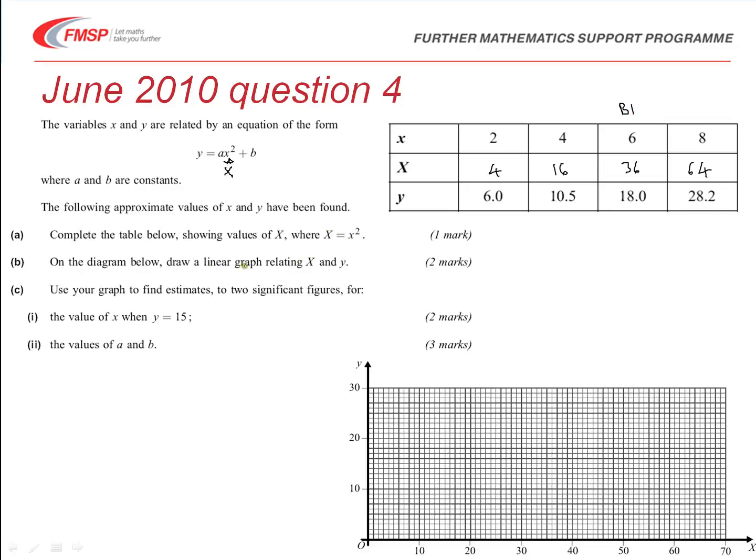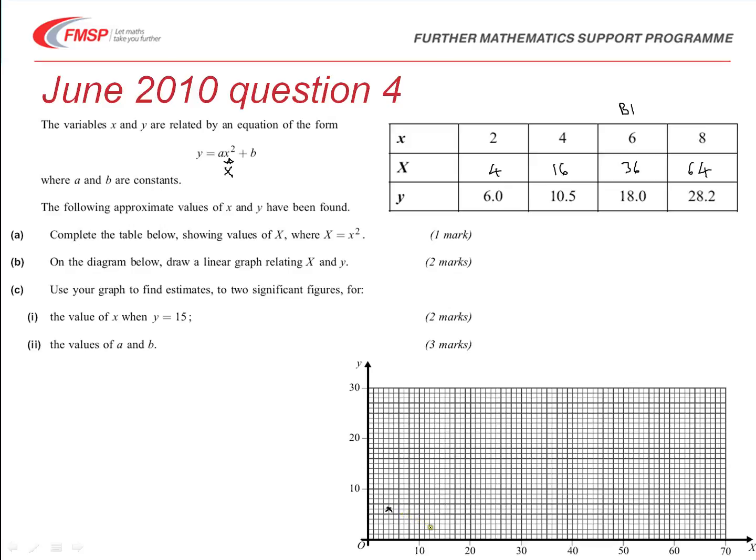Then it says on the diagram to draw the relationship of y against big X. And you can see we've got y on the vertical axis, big X on the horizontal axis, and so we've got to plot each of these values. So the first one is 4, 6, so that's going to be there.